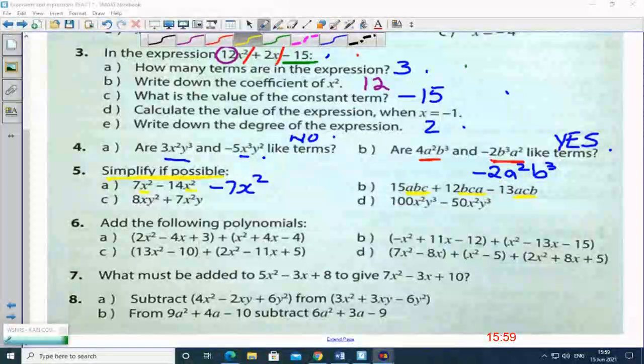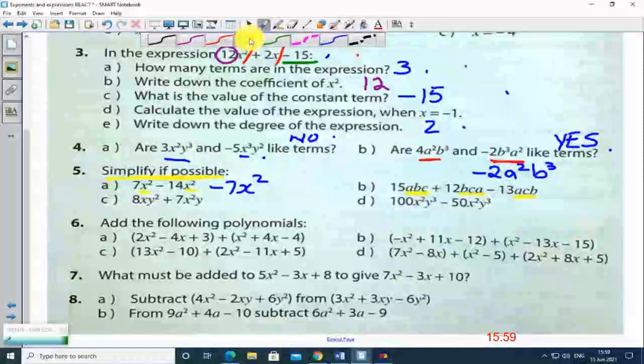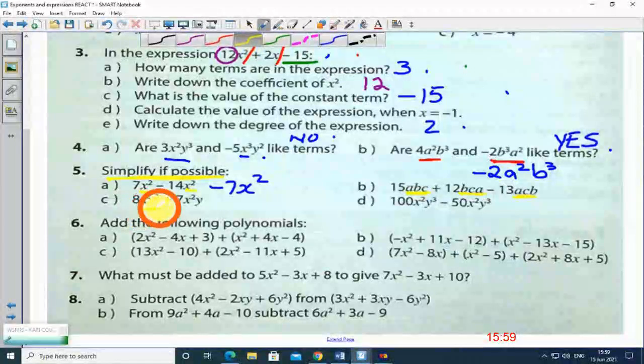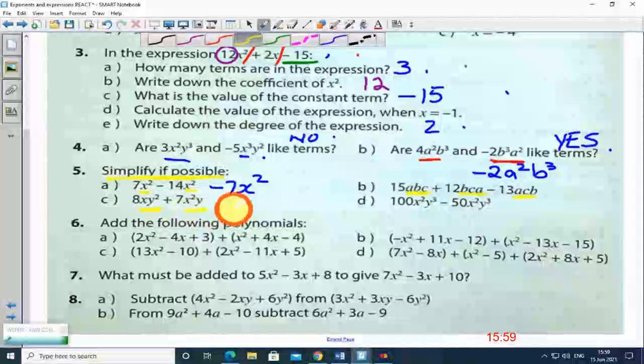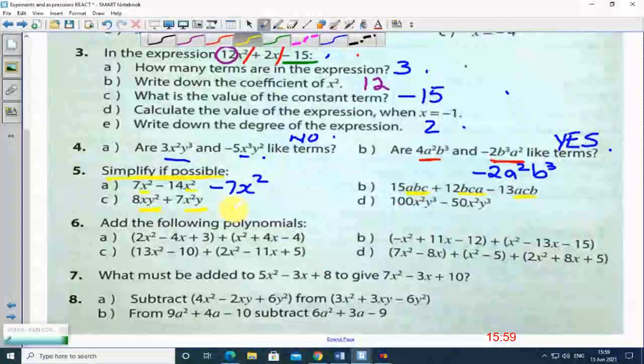Next question. Right, let's look again. Are these like terms? Can we add and subtract them? Well, this one is an xy squared. This one is an x squared y. They seem similar, but they're not identical, are they? They're not the same. So we have to say, well, I can't add those. It's like saying, add 3 puppies and 2 dogs. Well, what am I going to get? Some sort of combination of the 2? No, I've still got 3 puppies and 2 dogs.